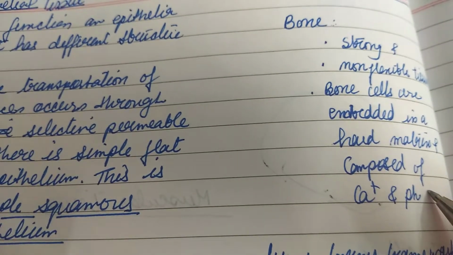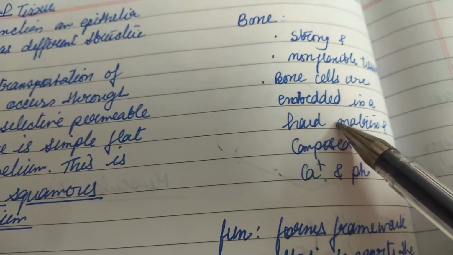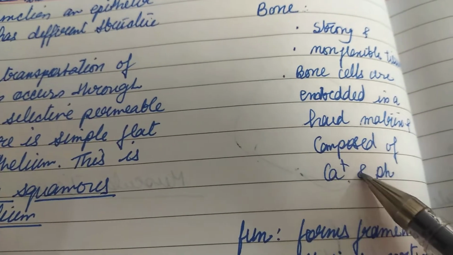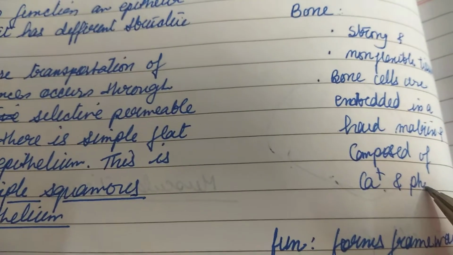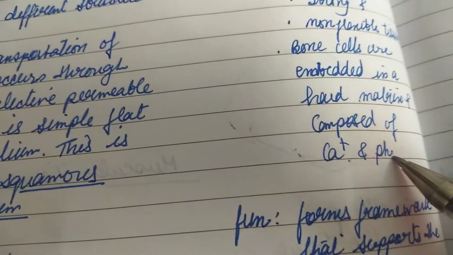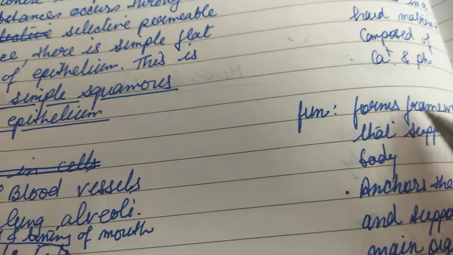So bones are strong, non-flexible tissue. These bone cells are embedded in a matrix which is hard in nature and is composed of calcium and phosphorus. We have seen that if you take calcium, then your bones become strong, because the matrix is made up of calcium and phosphorus.